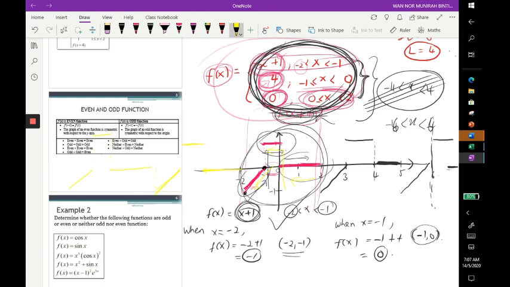So this is how you sketch the graph of the original function, and then you sketch for the periodic function. Okay, and look at the question. What is the interval that the question asks you to sketch? First of all, please sketch the original function first, then only you copy and paste according to the question.